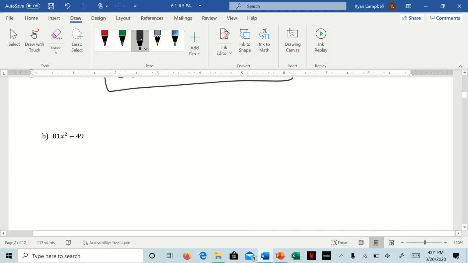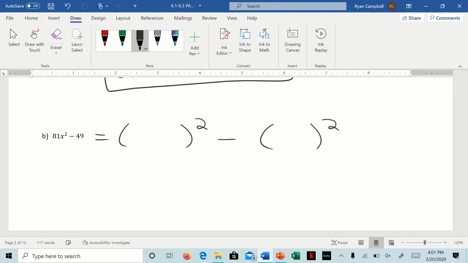So let's do something a little harder. So we're thinking this might be a square scenario. So 81x squared, what is being squared here? Obviously the x is being squared, but what number squared gets you 81? Well, if we know our perfect squares, if we know our times tables, we would know that 9 squared is 81. So that's 9x squared.